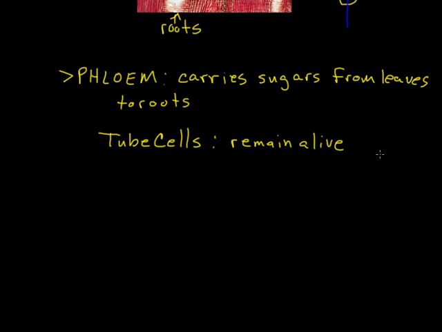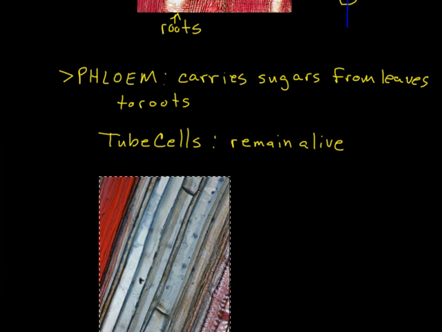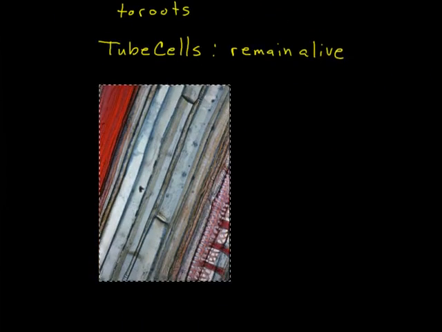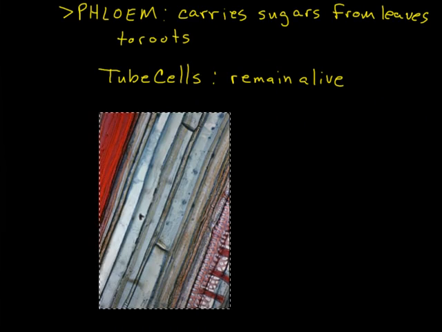So let's take a look at that. All right, this photo depicts phloem tubes in a corn plant. And you can see here are the phloem tubes, and I'll just point some arrows here. We've got cylindrical, long, tube-shaped cells, and sugars flow through them again down to the roots.